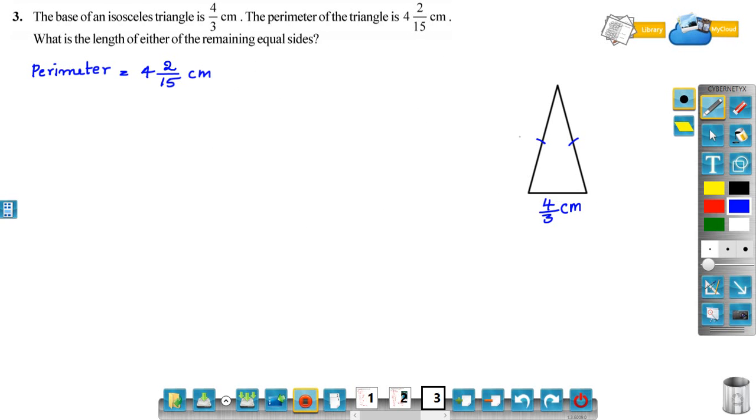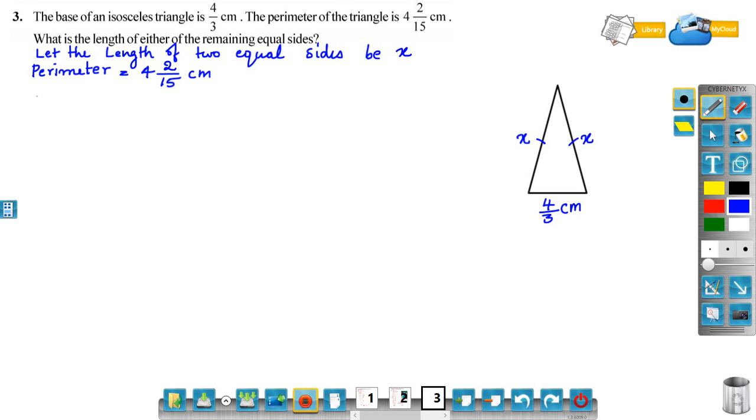So let the length of the two equal sides be x and x. Perimeter is 4, 2 by 15 centimeter. Perimeter means sum of the sides.